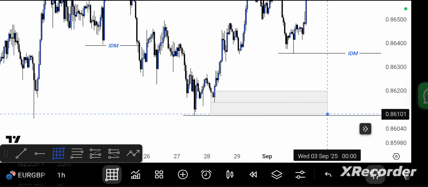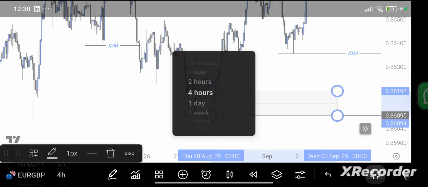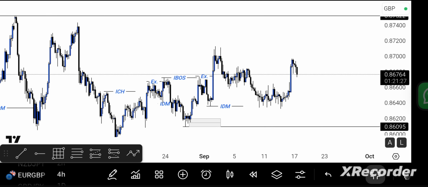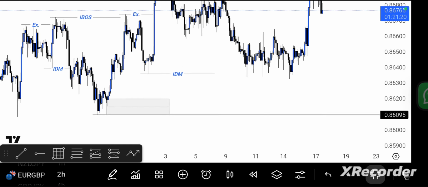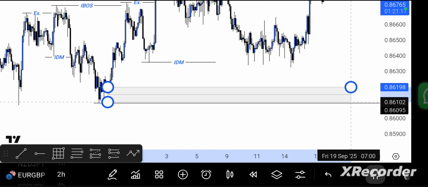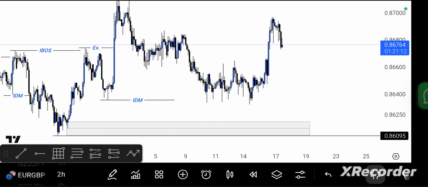So the whole area becomes my AOI, area of interest. So I'm going to go back to the 4 hour time frame. Okay, let's go to the 2 hour time frame. So these zones entirely become our order block, our AOI, area of interest.